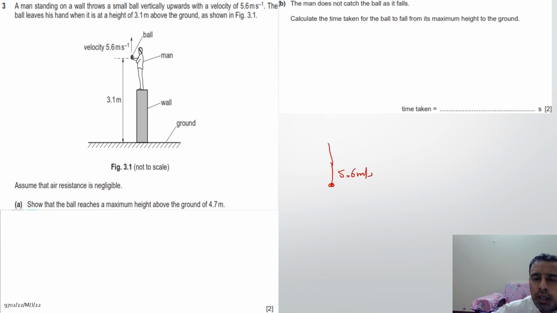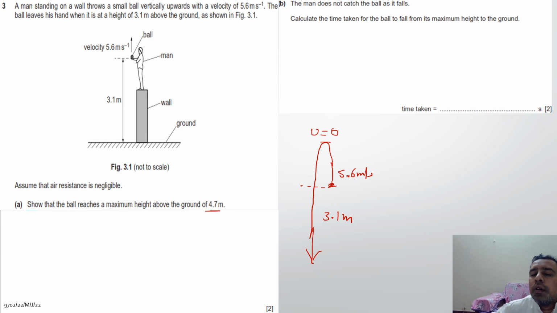So it goes up and then falls down somewhere over here, and at the top its velocity was 0, and this height is 3.1 meter.